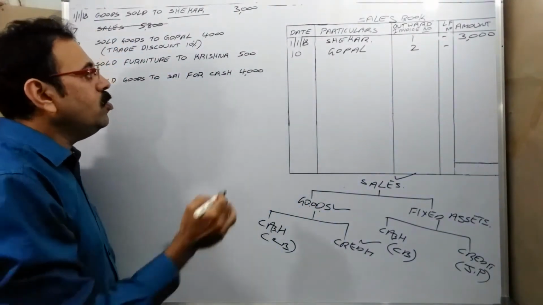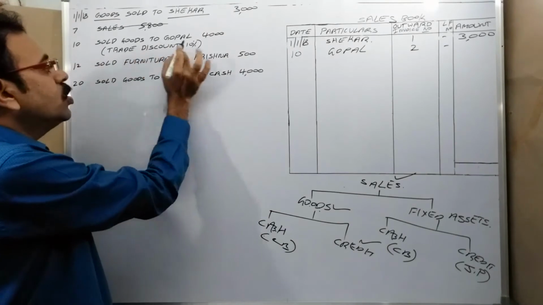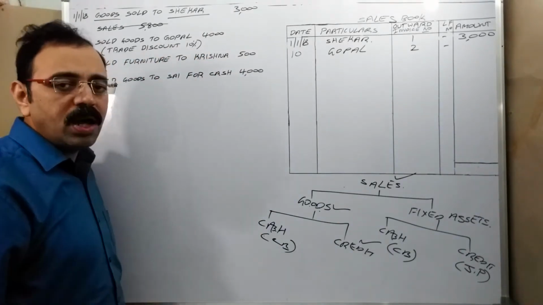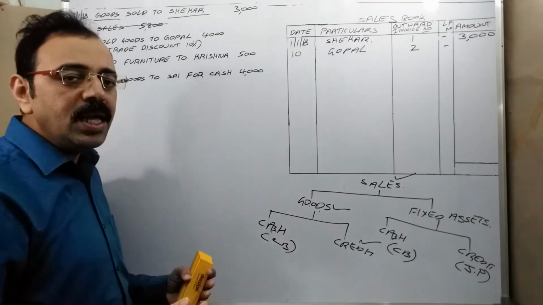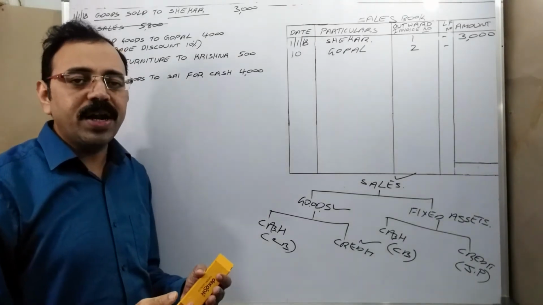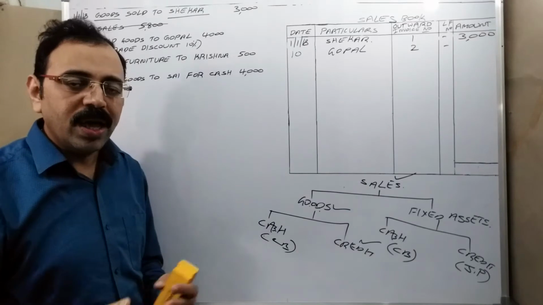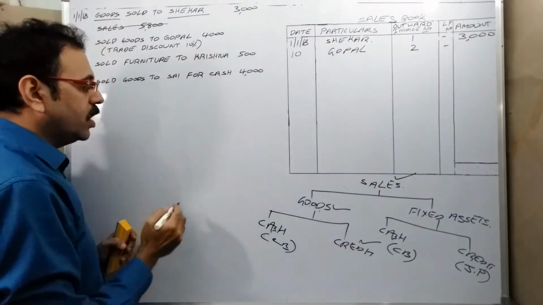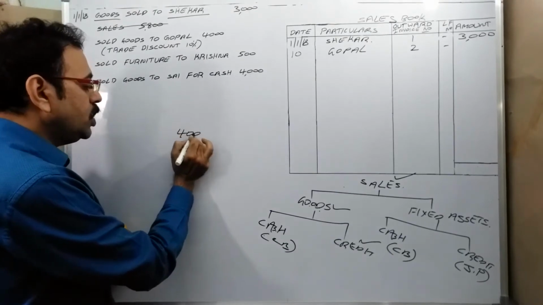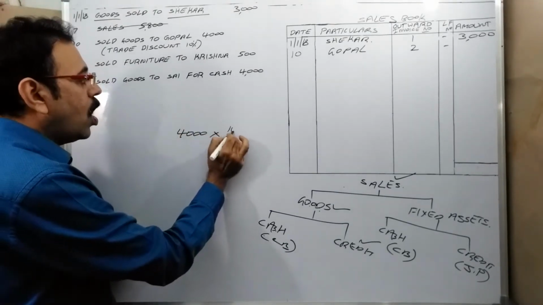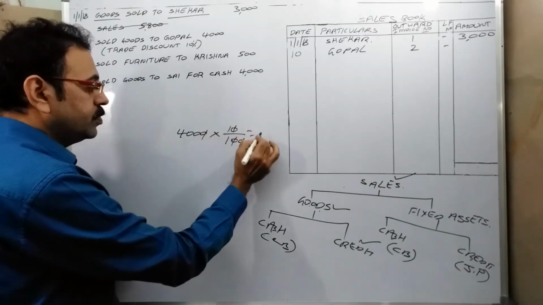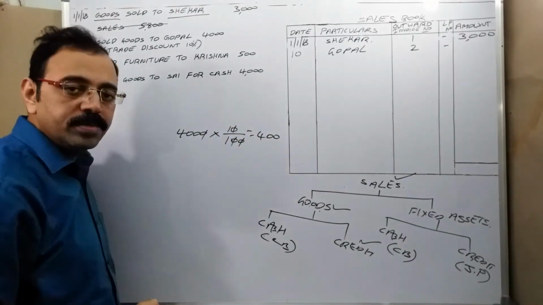While writing the amount, observe that trade discount is given. In the first part of subsidiary books, I clearly explained what is meant by trade discount, cash discount, everything. Now, trade discount we should calculate. 4,000 rupees is the value. On that, 10% will be 400.